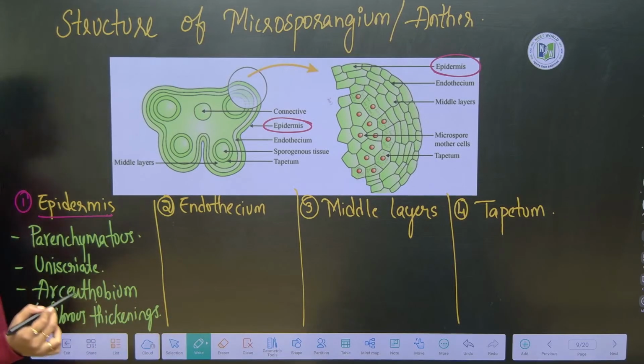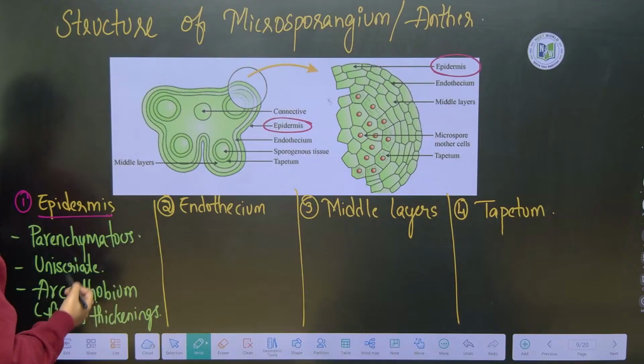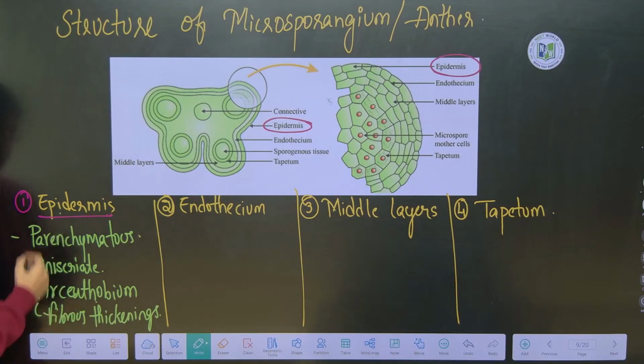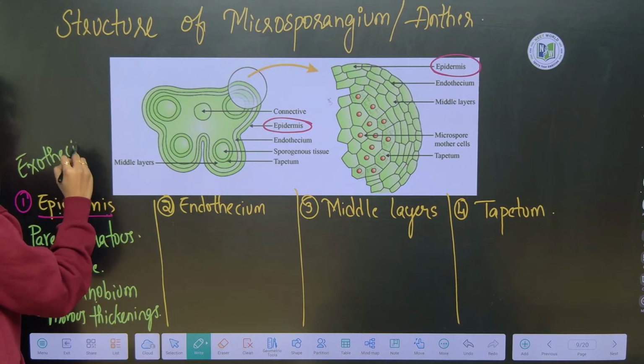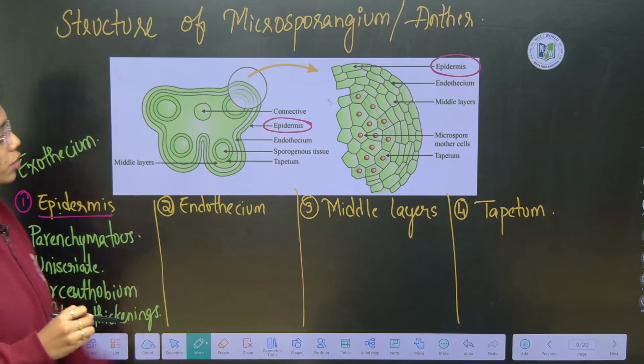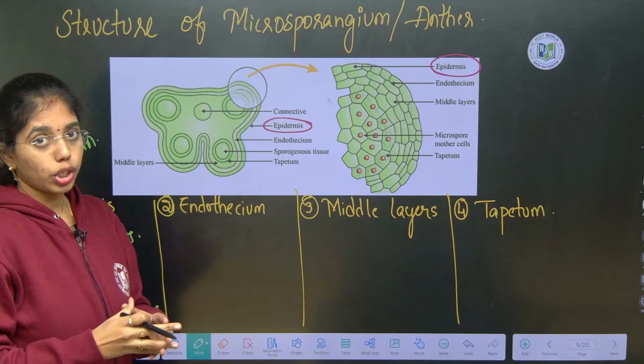Okay. Next is what? Endothecium. As it has fibrous thickenings in the epidermis, this is also addressed as exothecium. Fine, right? Next to the epidermis you have endothecium.